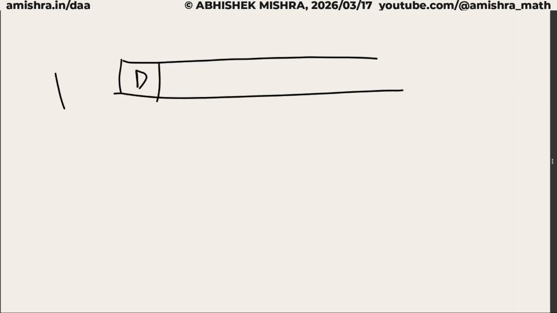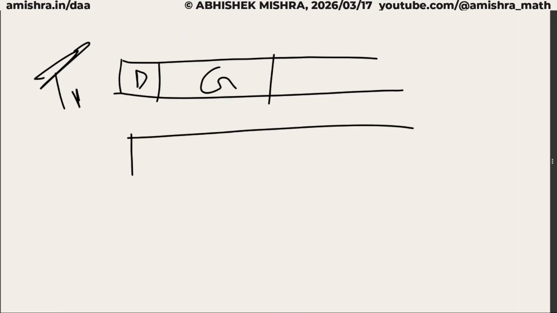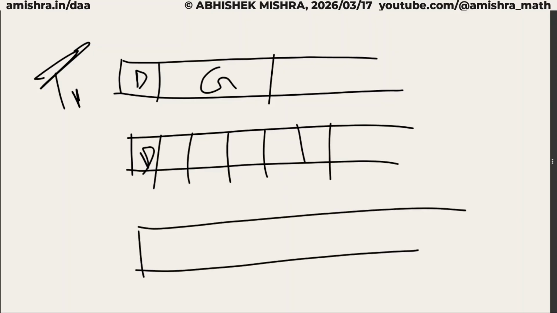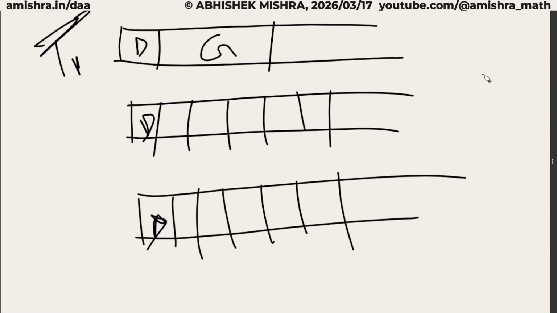Suppose we have this input on the Turing machine's input tape. We have the input graph, and we have some work tapes also. We have delta 0, delta 1 moves. Suppose the graph has n vertices.